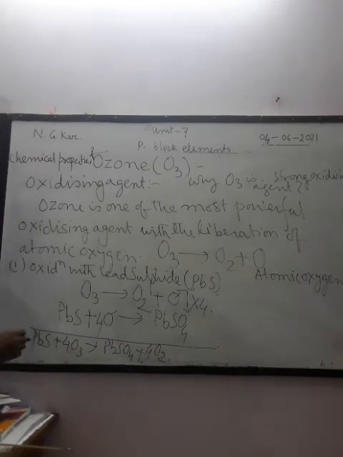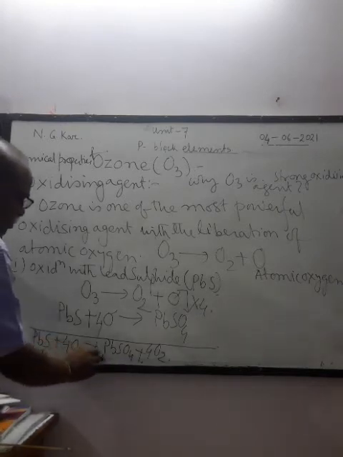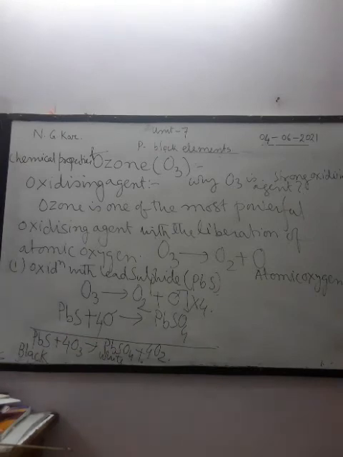Now the color of PbS is black and the color of PbSO4 is white. So what happens when lead sulfide is treated with ozone? Ozone oxidizes black lead sulfide to white lead sulfate.